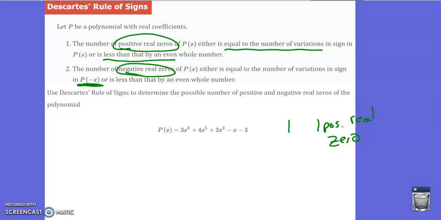Now, the part where it says p of negative x: we substitute negative x in. I'm going to erase this.